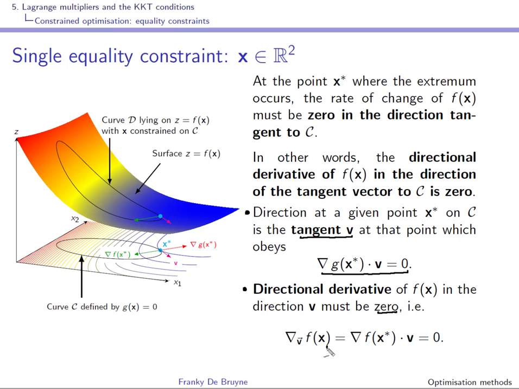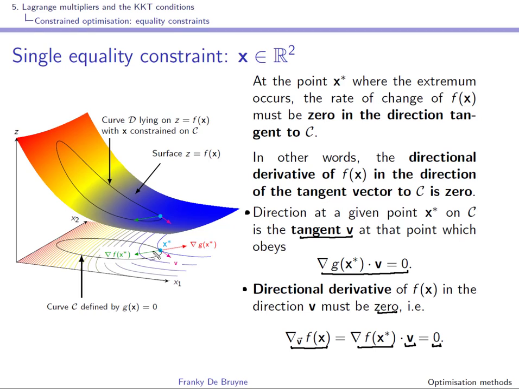This is the directional derivative, and it must be 0, and we have seen that the directional derivative of f in a given direction is the gradient in x star times this direction, right? And here this direction is shown over here.